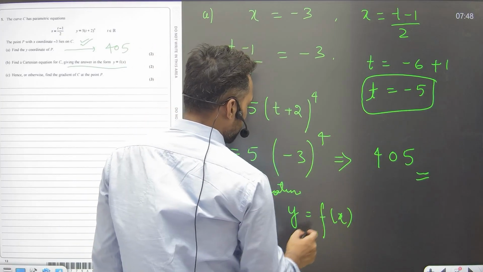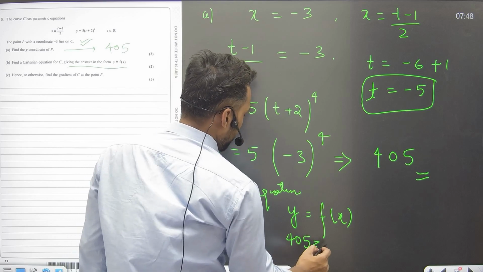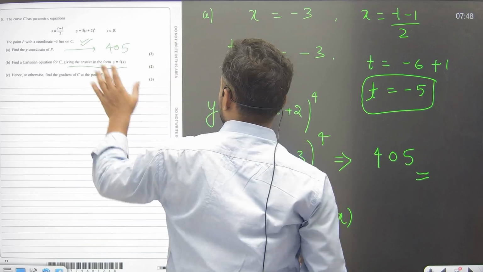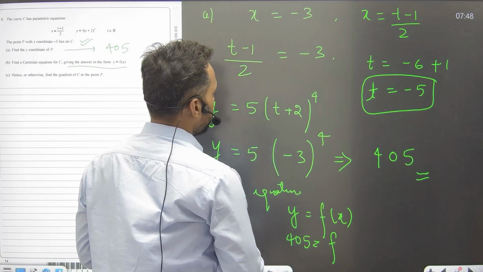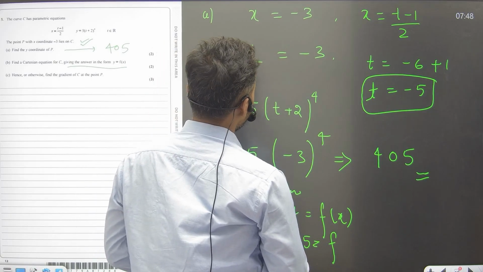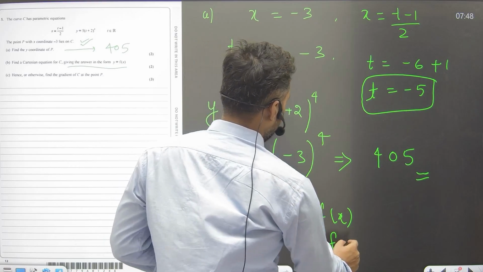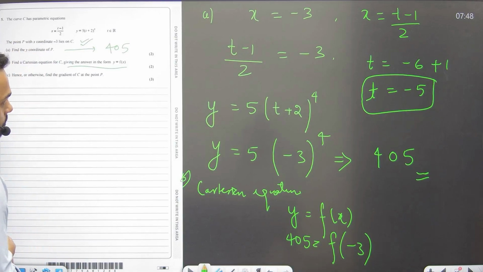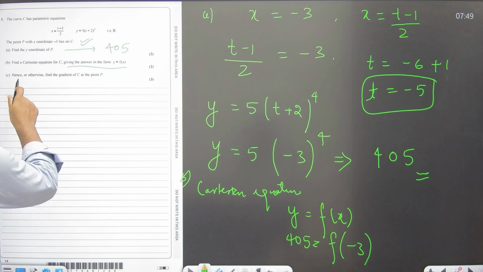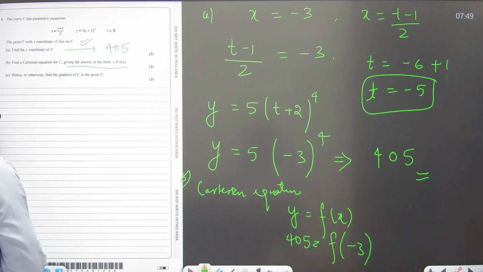So y here is 405 and f(x) is a function of x, after plugging the value of x equal to negative of 3. So this is the Cartesian equation. 405 equals 5 function of negative of 3. Hence, otherwise, find the gradient of C at point P.